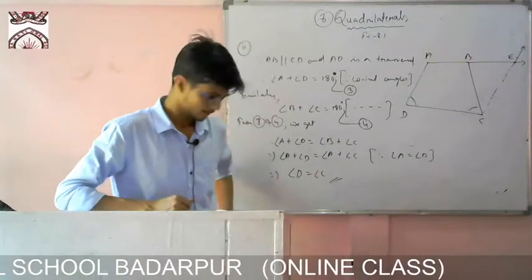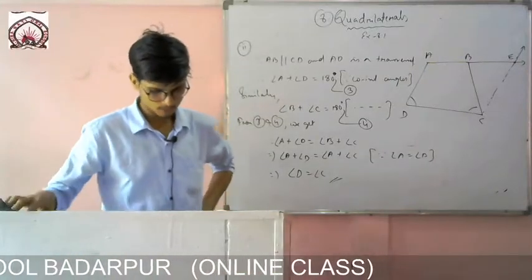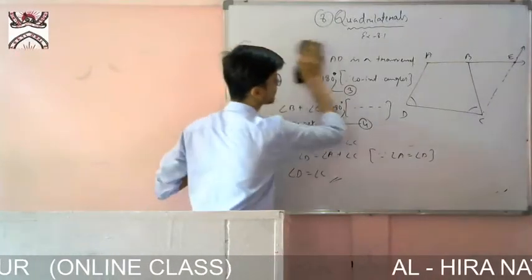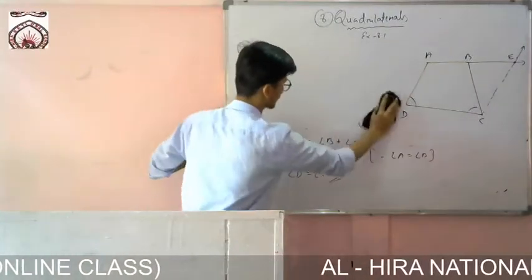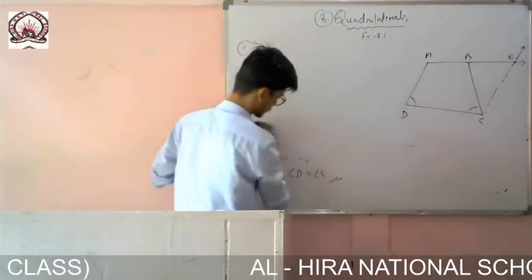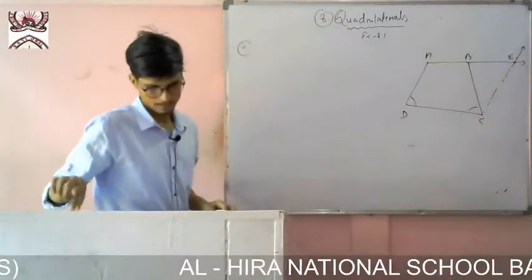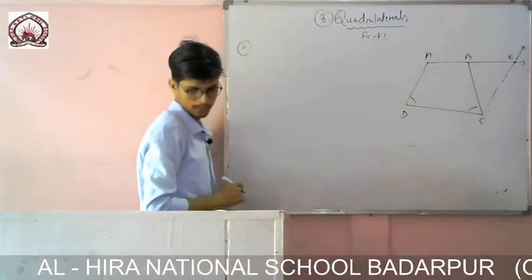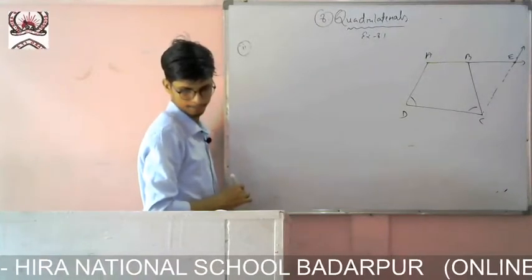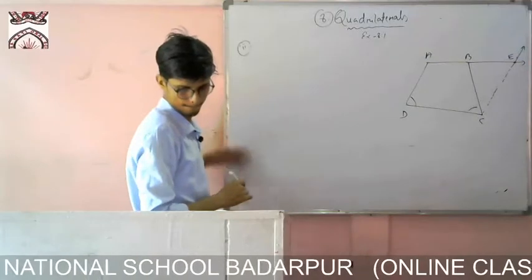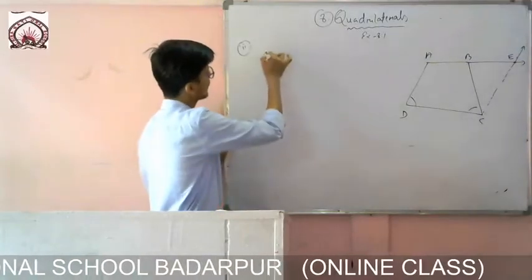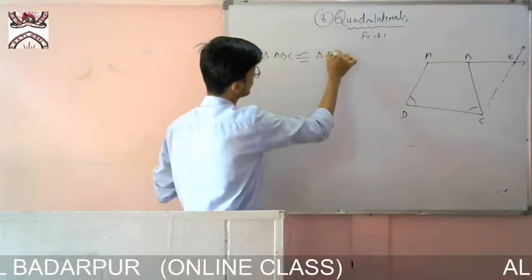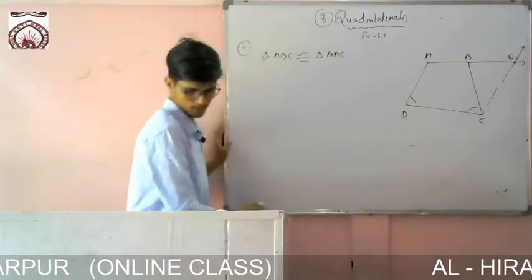Now Roman number 3, you have to prove that these two triangles are similar. Triangle ABC is similar to triangle BAD. You have to show this one, no?